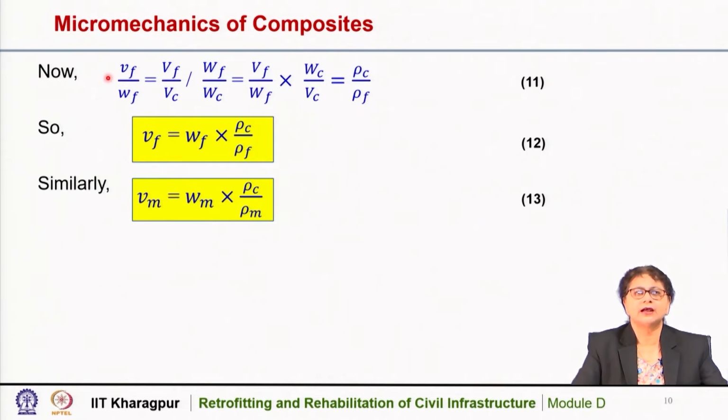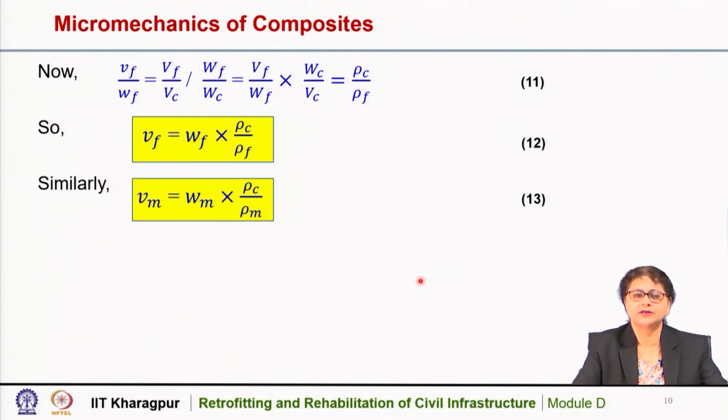Now, we can also write Vf by Wf, that is volume fraction by weight fraction, which is equal to the total volume of fiber by the total volume of composite divided by the total weight of the fiber by the total weight of the composite, and that gives us rho c by rho f. So, we can write the volume fraction of fiber is equal to Wf into rho c by rho f.